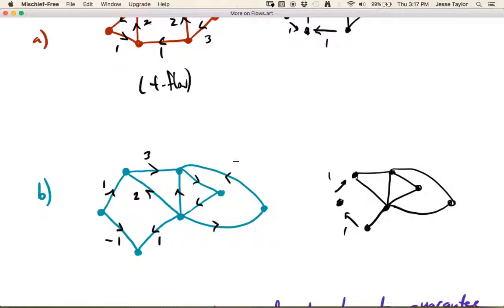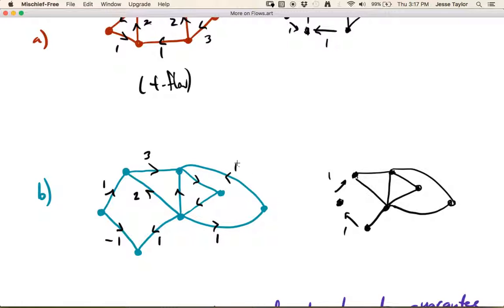And then maybe I put 2 going in here, 2 going out here, and now I've got 5 going in. Oh, so maybe I should erase these. So I'm lowering these because it would have forced me to choose a number at least 6 if I had done it that way.